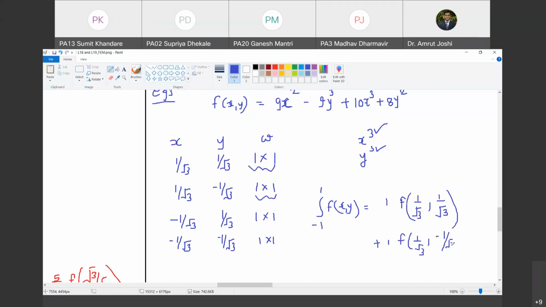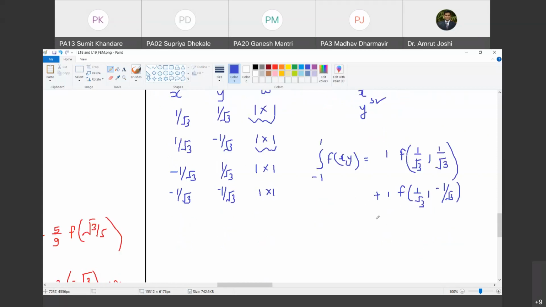Are you with me? Yes, sir. Plus 1 multiplied by f of minus 1 by root 3 comma 1 by root 3, and plus last weight 1 multiplied by f of minus 1 by root 3, minus 1 by root 3. Are you with me? Yes, sir.